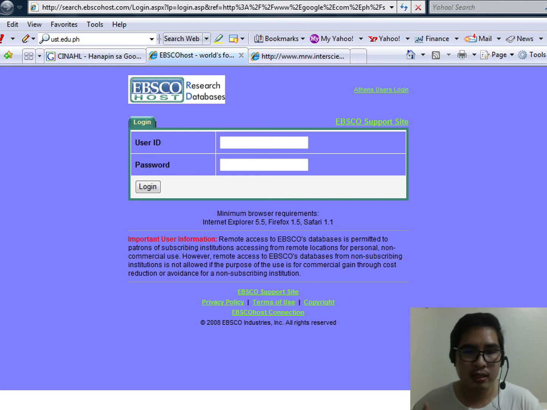So you can judge outright kung yung study na yun would benefit your study. Kasi nandun na, nakasummarize na siya. So, you just have to skim and scan, mukhang hindi papasok, reject, search again for another journal.